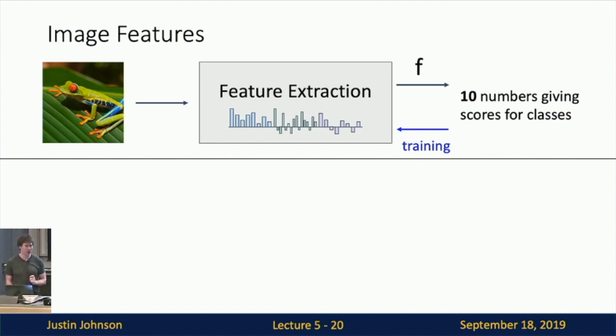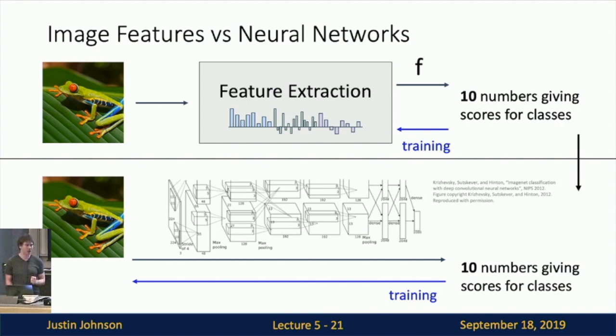In contrast, clearly here we might want to do something better, which is to automatically tune all parts of the system to maximize the performance on image classification tasks. And that's one motivation to think about what a neural network is doing. When we build a deep neural network system for image classification, what we're doing is building a single end-to-end pipeline that on the left-hand side takes in the raw pixels of the image, and on the right-hand side is predicting these classification scores or classification probabilities or whatever else you actually want to predict.